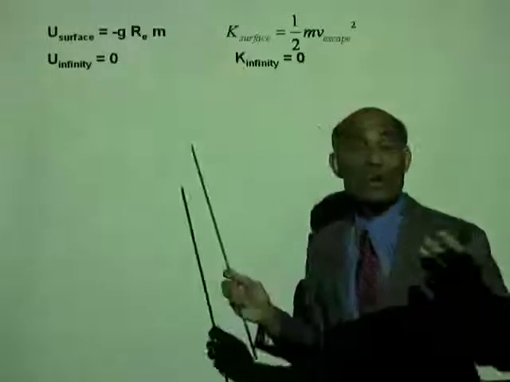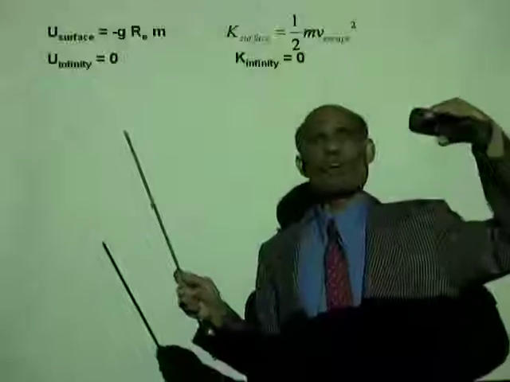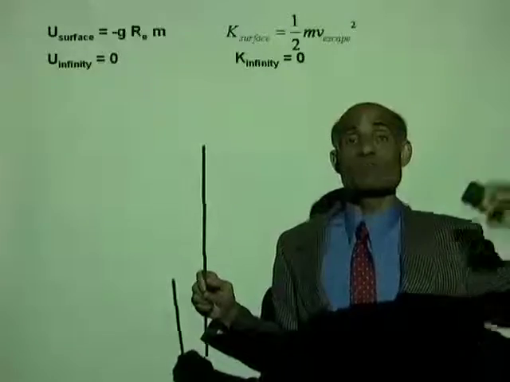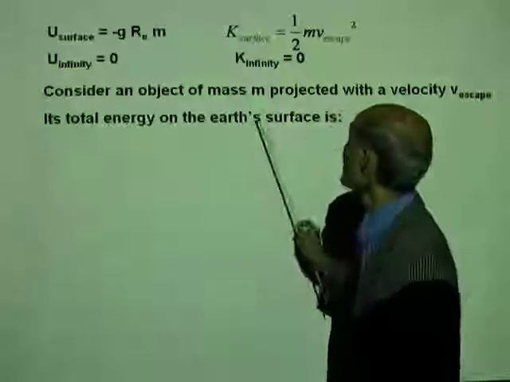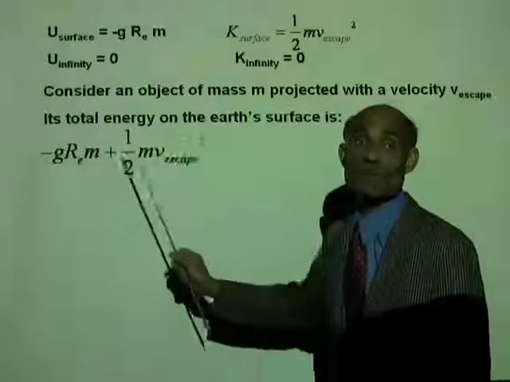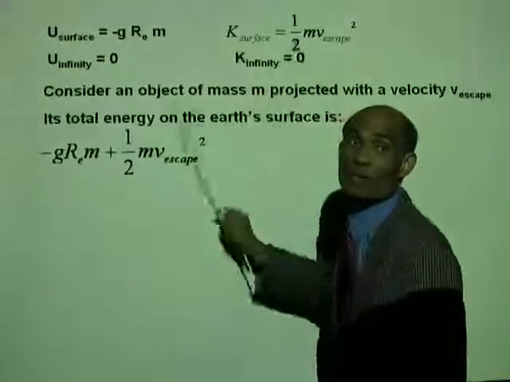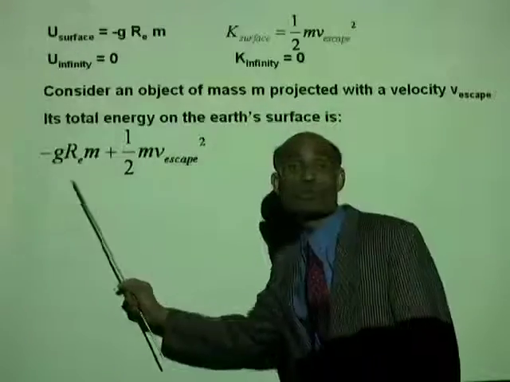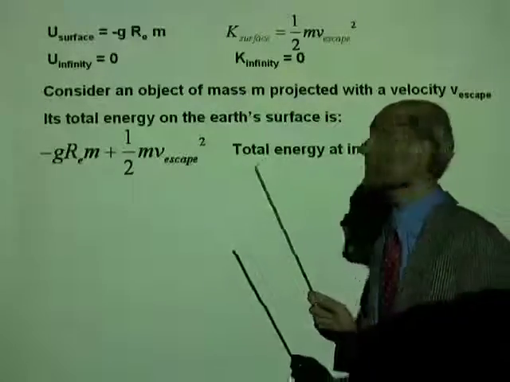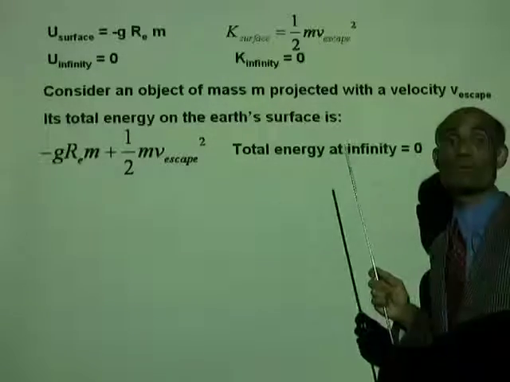Its kinetic energy also will be 0 because the velocity is just enough for it to reach infinity. That means its total energy on the surface of the earth will be negative g R_E M plus 1/2 m V escape squared. This is the total energy on the surface of the earth. And total energy at infinity equals 0.